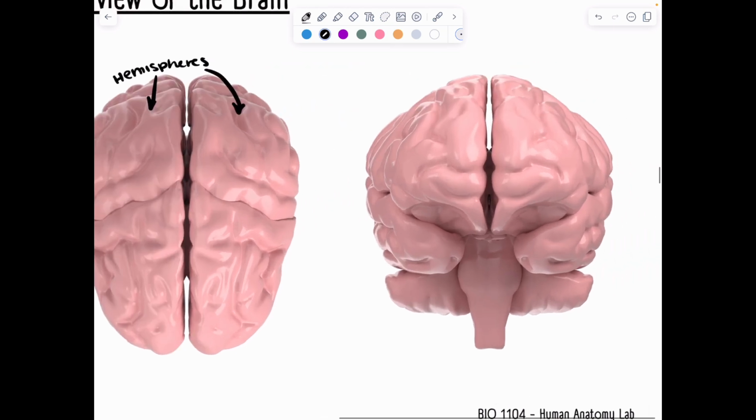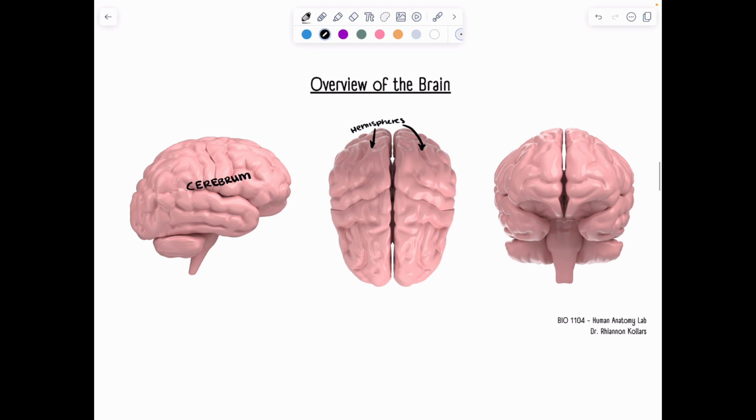Now, we can't see it in any of these pictures, but our next station after our cerebrum is, I can't draw it on here, so our cerebrum goes to our diencephalon, which is made up of our thalamus, our hypothalamus, and our epithalamus.